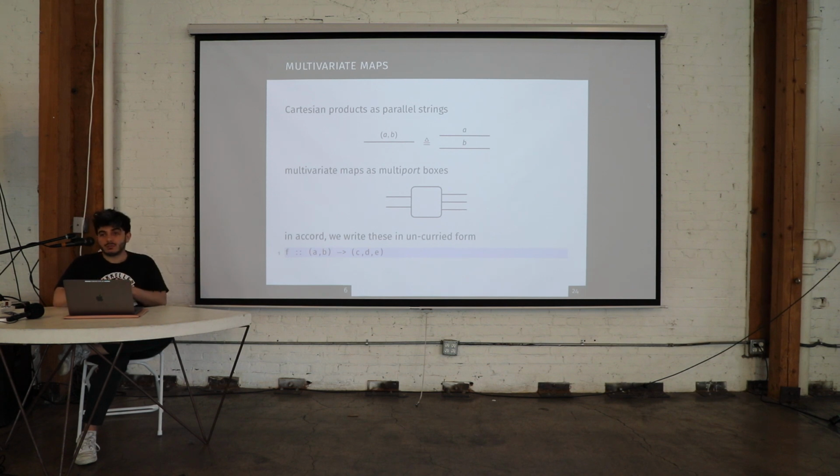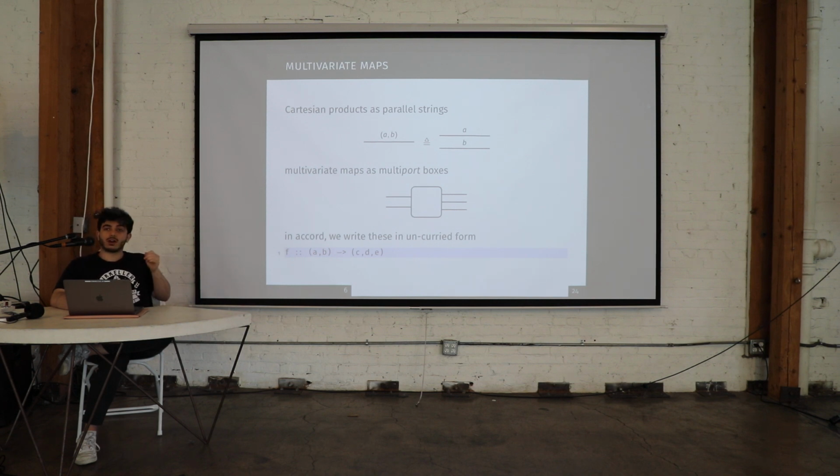So what if we want more intricate compositions? Well, we can introduce multivariate maps. So I'm going to give the notation of the tuple type (A, B) as 2 parallel wires, or parallel strings. So then a multivariate map will be a box with multiple input wires and multiple output wires.